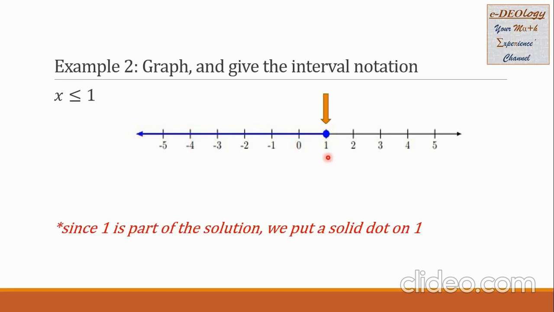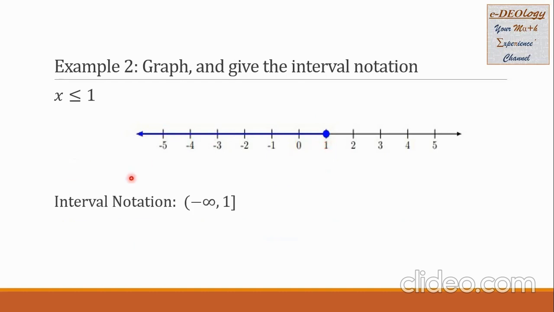Take note also that since 1 is part of the solution, we put a solid dot on top of the 1. So for the interval notation, again we're going to write the solution set. Let us start from the lowest number up to the highest number of the solution set.